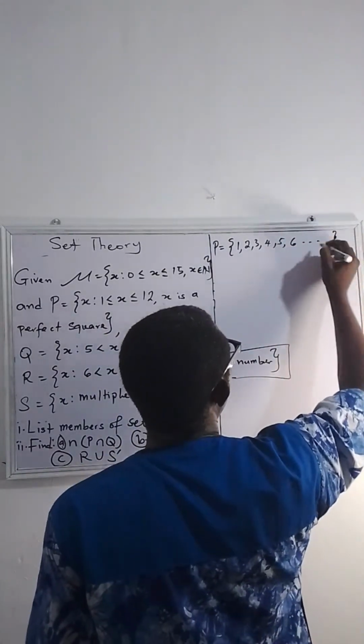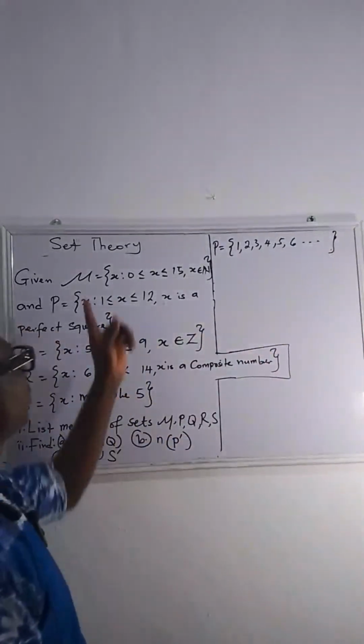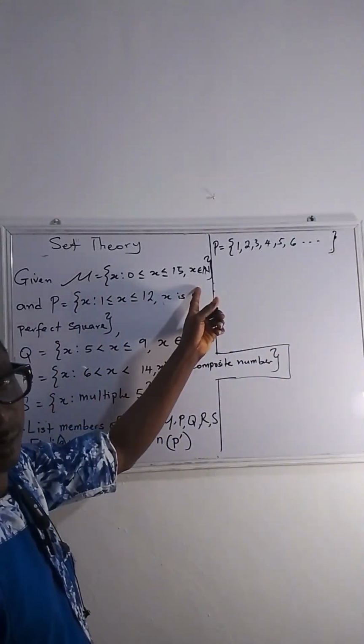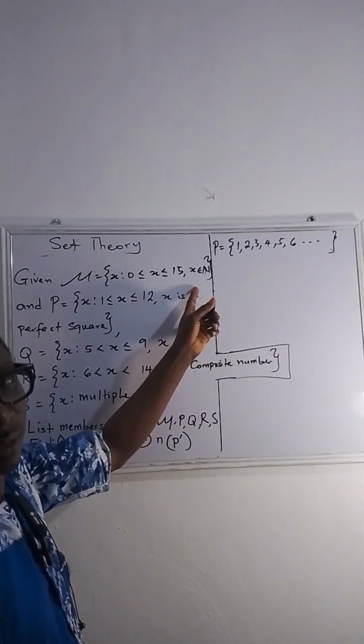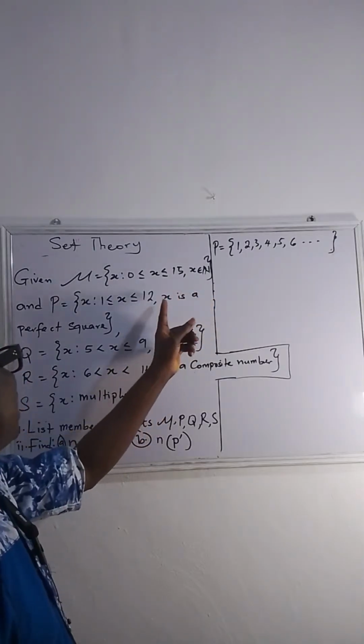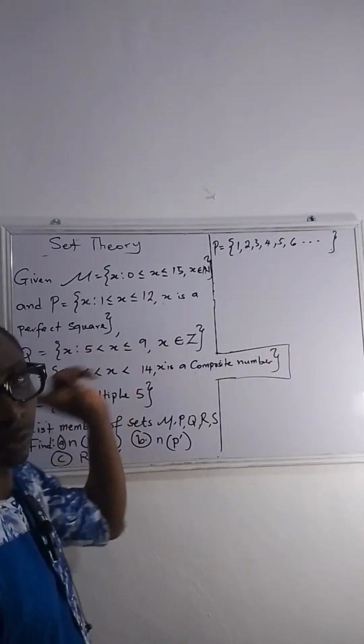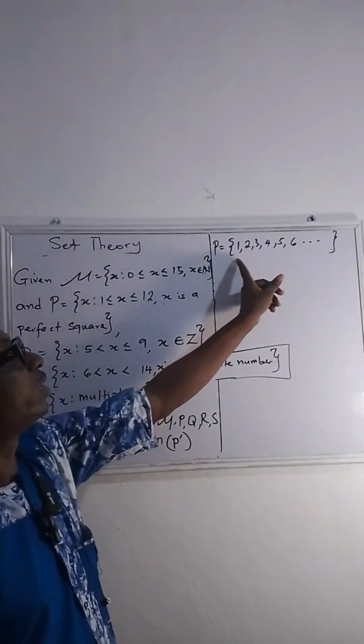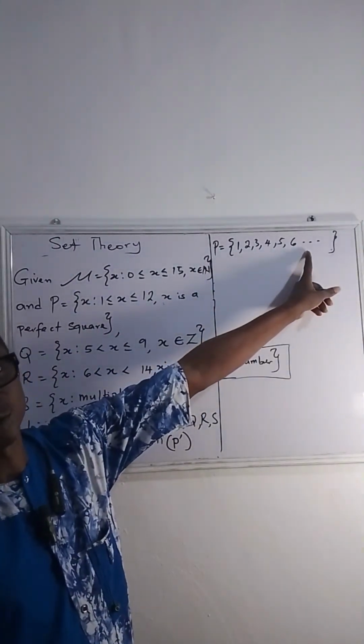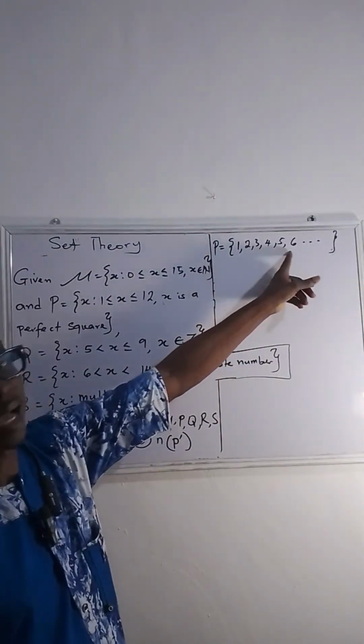These are the numbers that we want to list, which must be within the universal set. But there is a condition given here: we are told that x is a perfect square. Do you know the implication of that? We are not going to list everything, only those that are perfect squares.